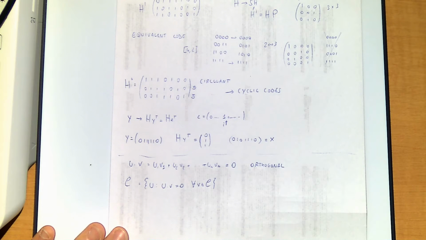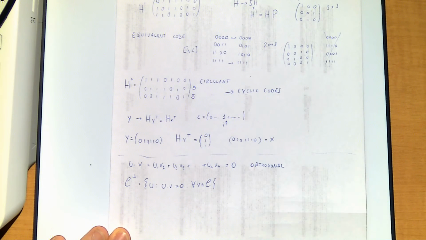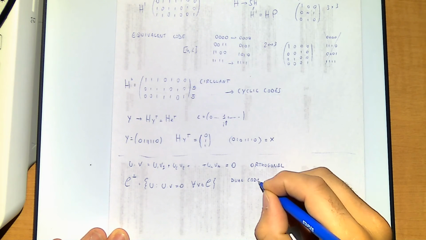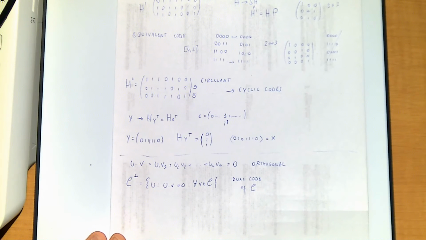Well, what happens is that this actually also forms a code, and this is what we call the dual code of C. So I take the set of code words, then I take all the words that are orthogonal to that, and they form a code themselves.